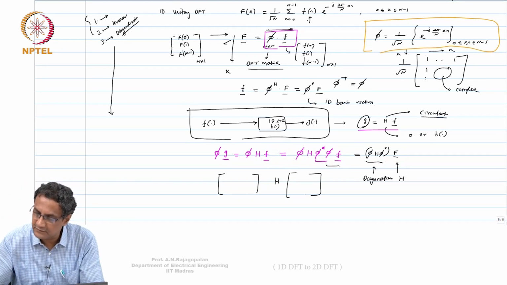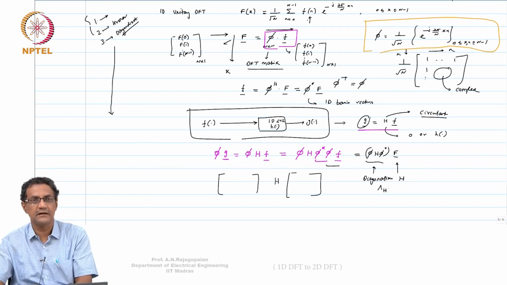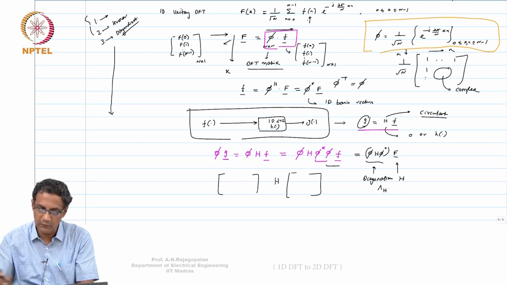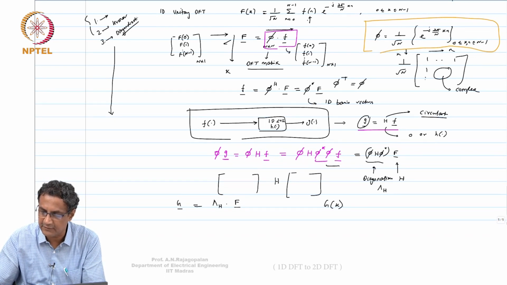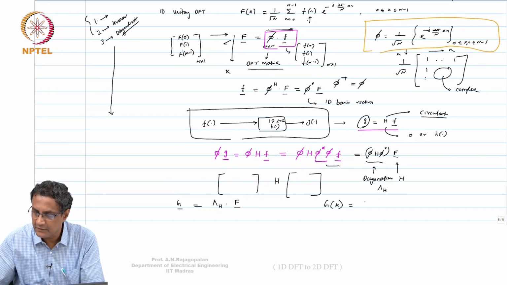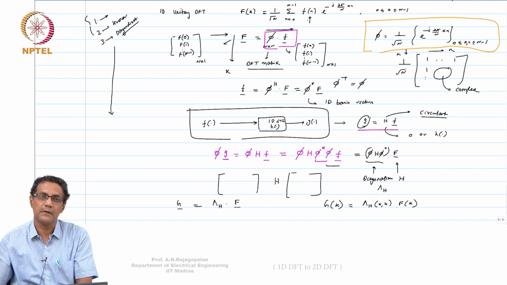Now suppose I indicate this as diagonal H. Then what this means is that G is equal to diagonal H times F, or in other words, suppose I'm looking at the kth coefficient, that is diagonal H kk times F k.